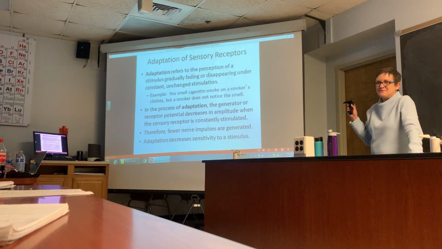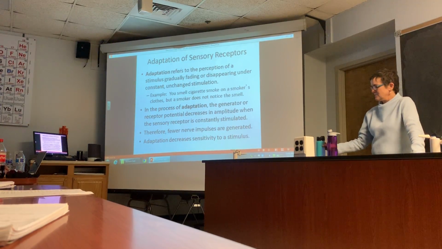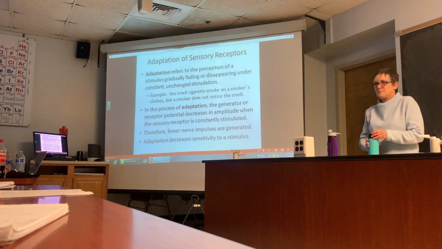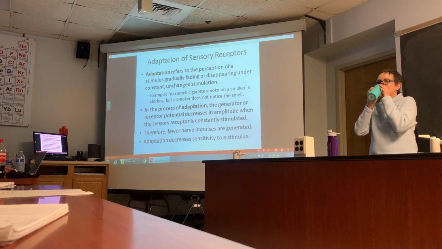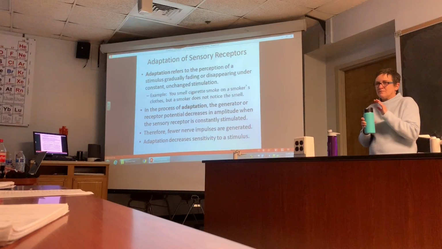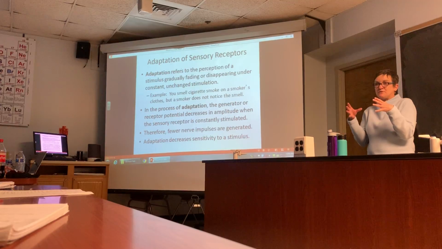Yes. One question. Does different reactions to touch and feeling happen because of different types of neurons? Like your fingertips are more sensitive than, say, your arm? Right, we're going to talk about that. That has to do with receptor fields.